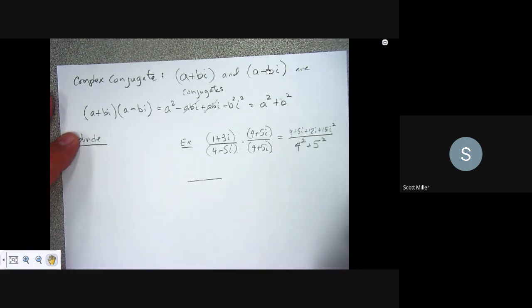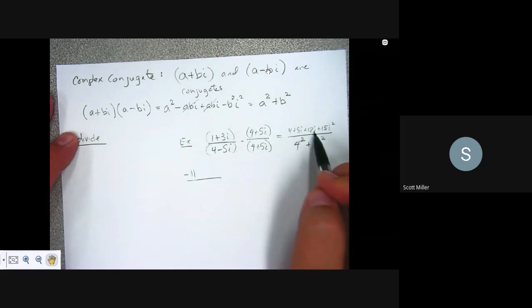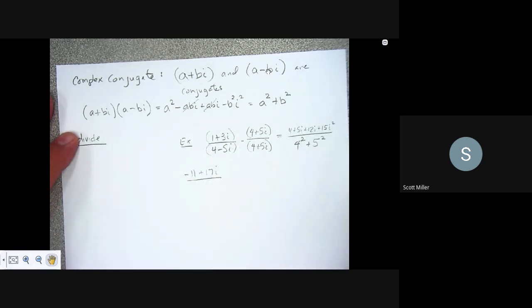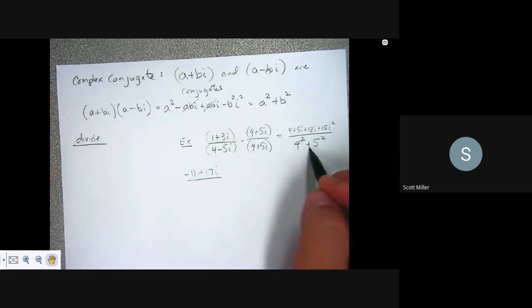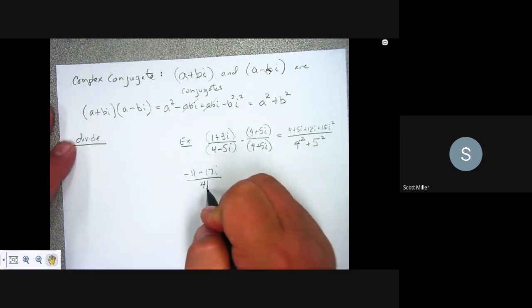Negative 15 plus 4, negative 11. 5 plus 12, 17i. The bottom here is 16 plus 25. And 16 plus 25 is 41.